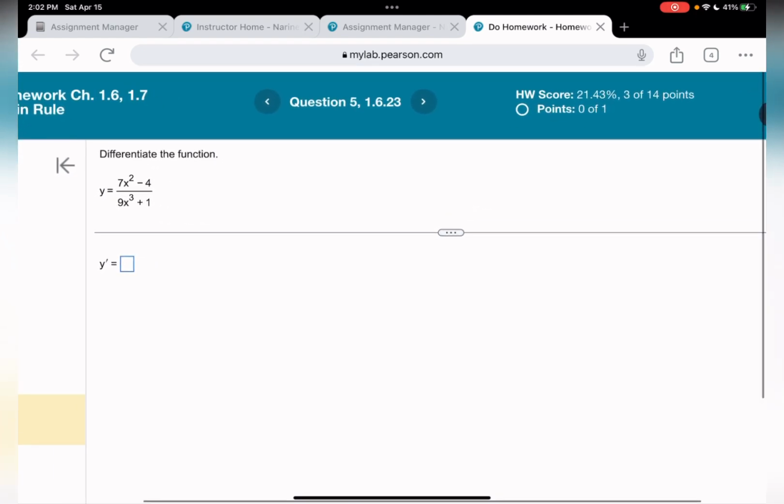Question number 5. Let's see how we're going to work with this one. So, what do we have here? Question number 5, 7x squared minus 4.